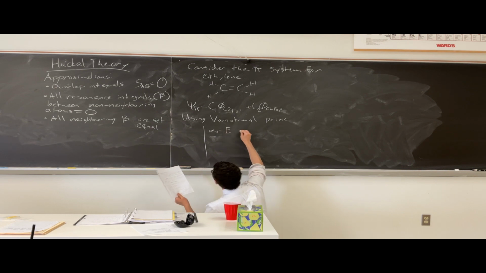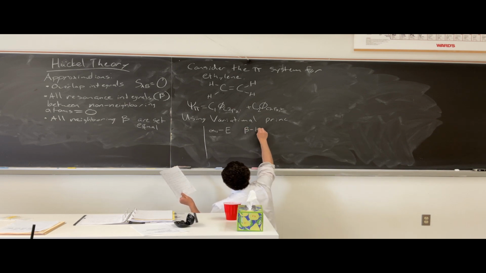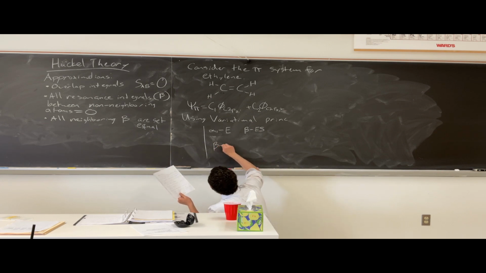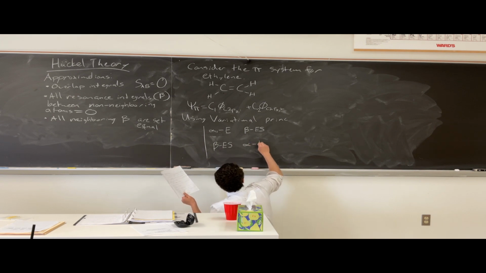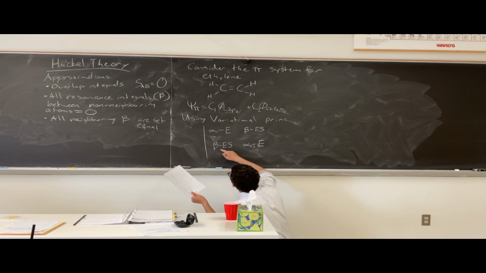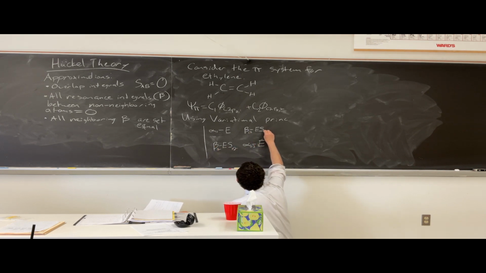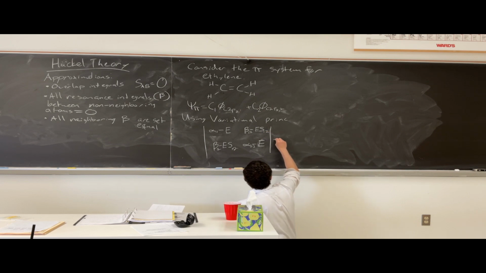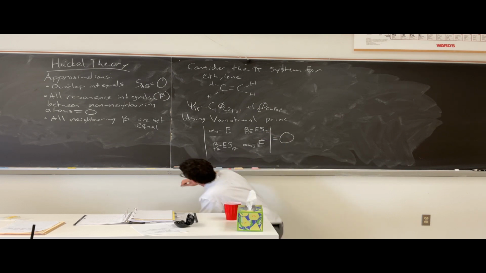I'm going to give it a capital E. Then we got beta minus ES. Then we got beta minus ES. Alpha minus E. Okay, and then we got 2, 2. What about for these betas and S's? Yeah, 1, 2, 1, 2. It doesn't really matter their order. And what's that all equal to?